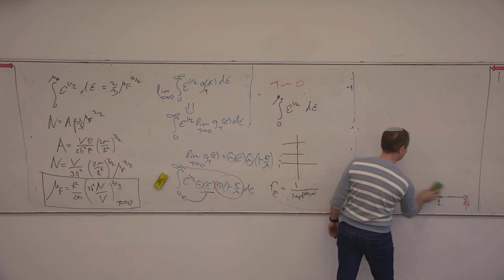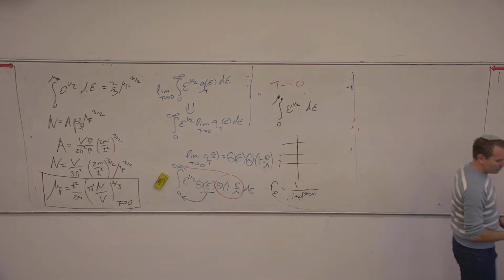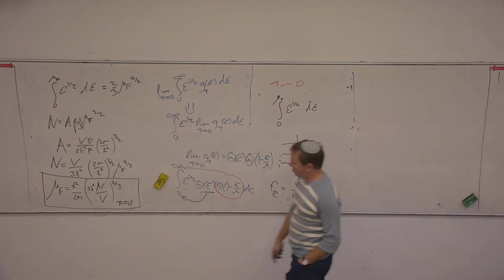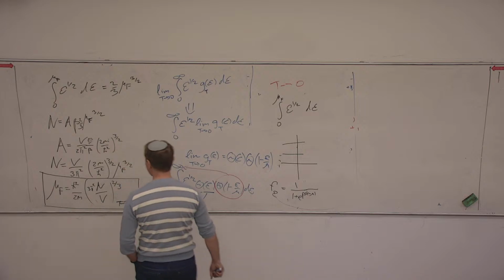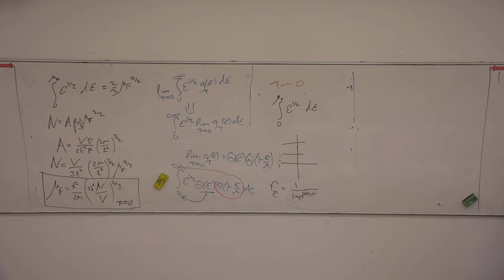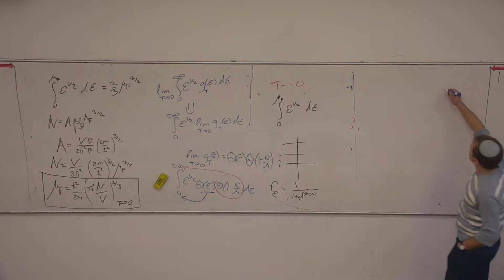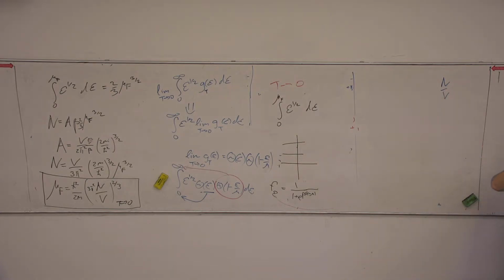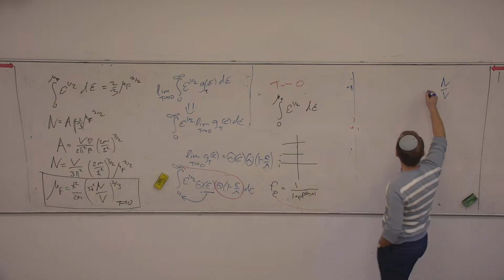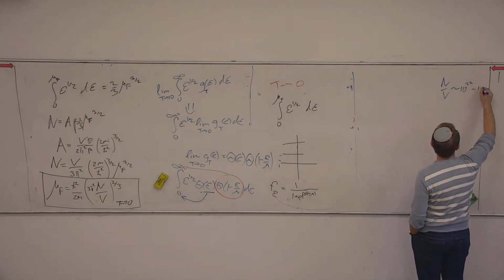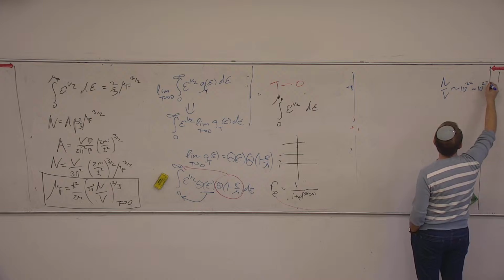So, if I plug, let's take this volume, and we take something like, what is the density? So, N divided by V, for a metal, it's on the order of 10 to the power 22 up to 10 to the power 23.